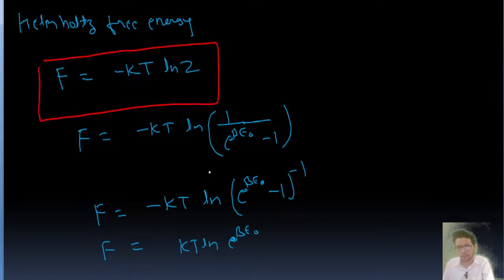Okay, so this is the one. We can write it like this, so minus minus is going to be positive, right? Log m to the power n is n log m, right? So this is the value of F, guys, the Helmholtz free energy.